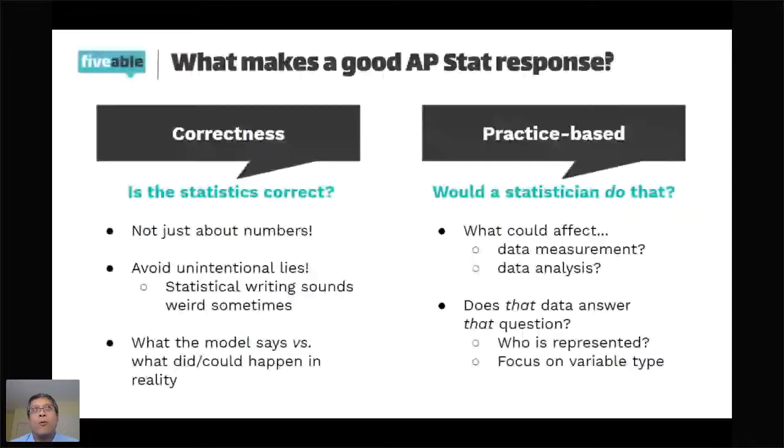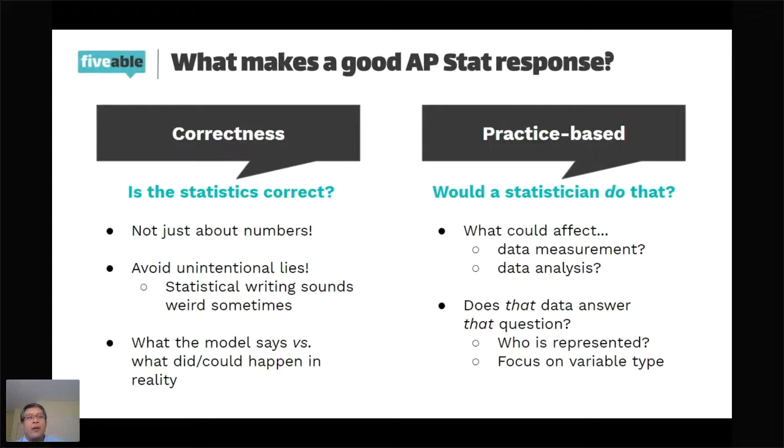What we're lucky to have in AP Stat is a bank of what we call investigative tasks, which typically in the AP Stat curriculum are the sixth free response question.